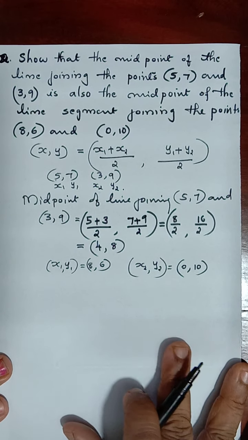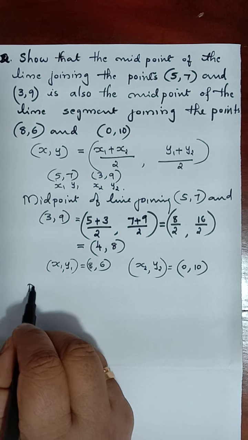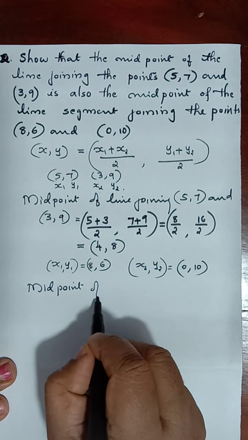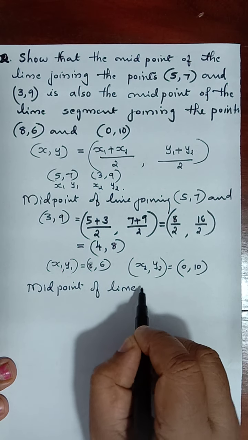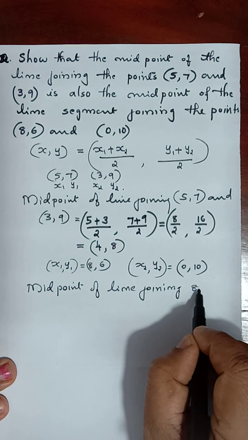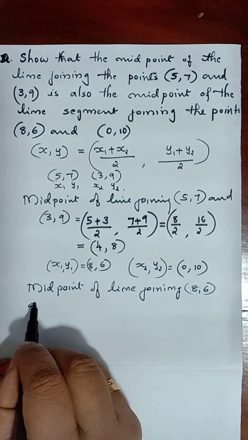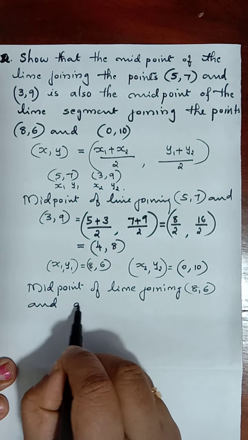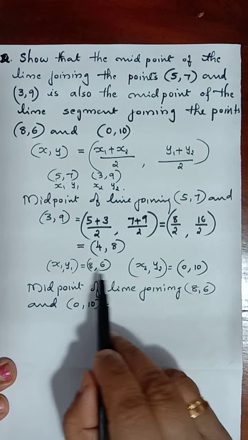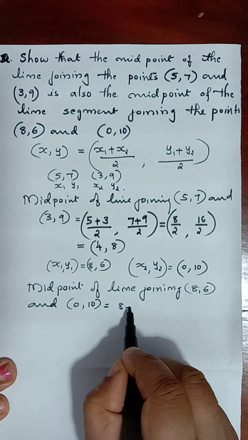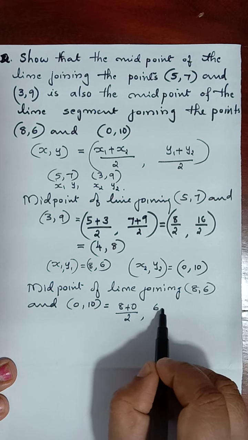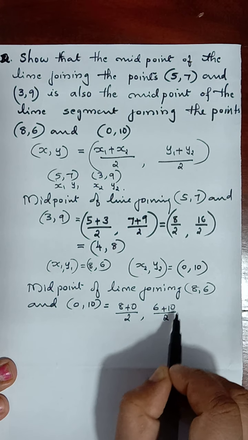The midpoint of the line segment joining 8, 6 and 0, 10 equal to x1 plus x2, 8 plus 0 divided by 2, and y1 plus y2, 6 plus 10 divided by 2.